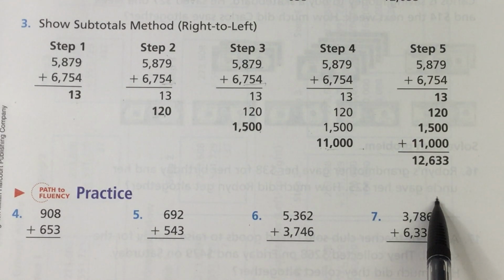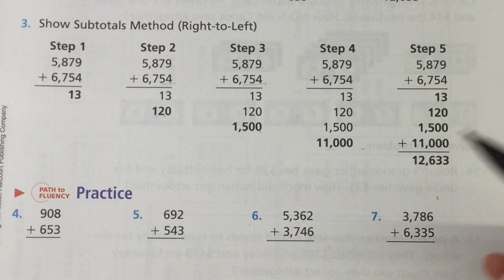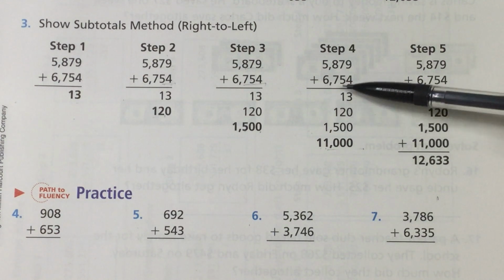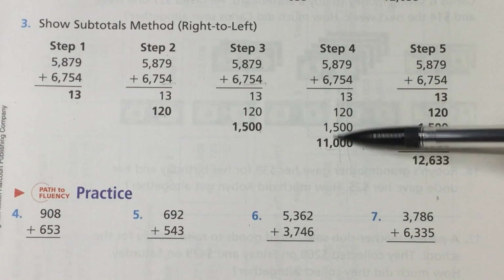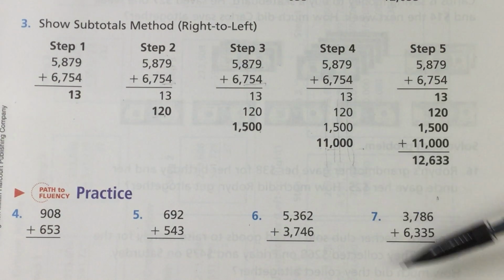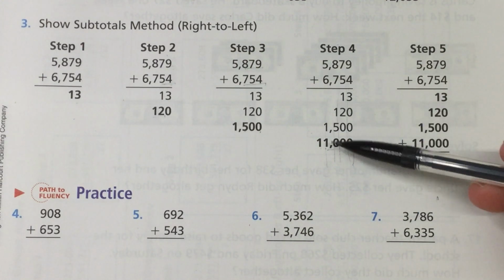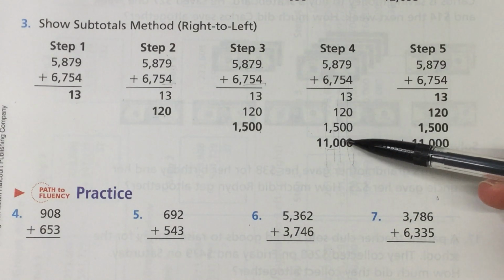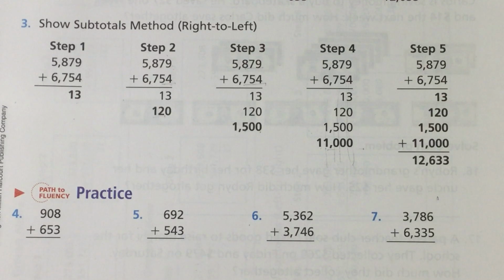I like this method. I like the way it looks. I like the way that, in my head and my brain, it just makes sense. You don't have to regroup, which is handy. But the problem with this method is that it's hard to keep all these numbers lined up. And if you can't keep them lined up, you're going to have some errors happening because they're kind of squishing into each other's business.